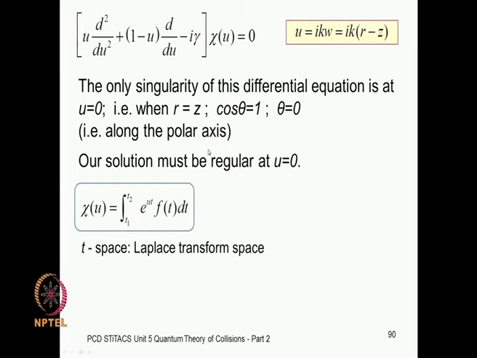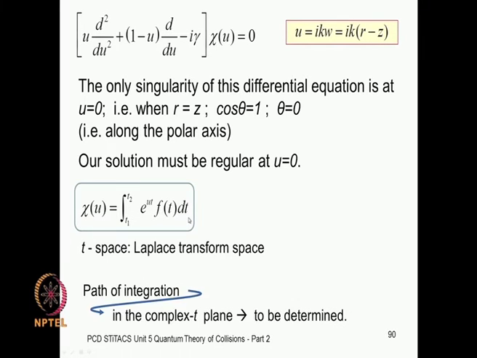So, what we will do is to make use of Laplace transforms and then use contour integration to evaluate these integrals. So, first we express the function chi in terms of the Laplace transform in the t space, okay, and this is our expression now, and we have to find what will be the appropriate path of integration which will be acceptable to give us a physical solution for the Coulomb problem, right.